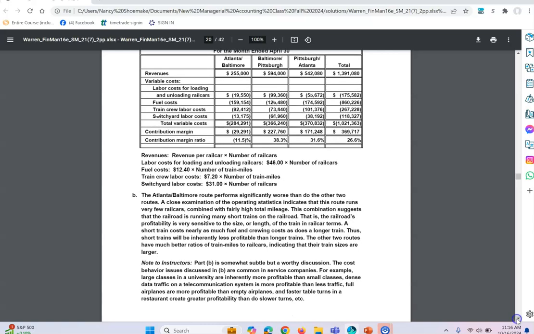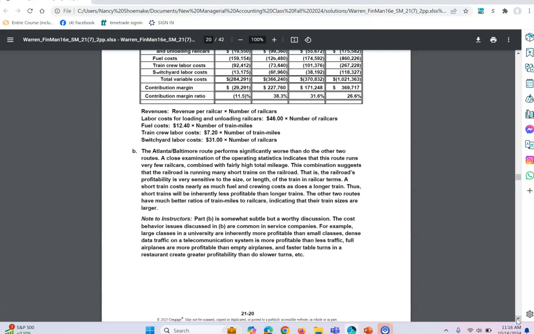The railroad's profitability must be sensitive to the size or length of the train in rail car terms, where a short train costs almost as much fuel and crewing as a longer train, so they're going to be less profitable, where the other two routes have much better ratios.